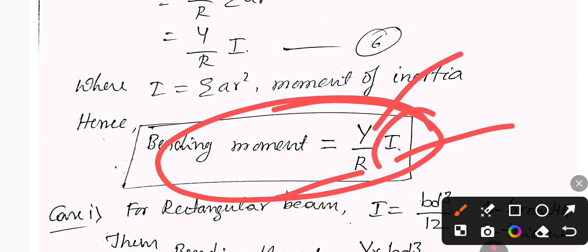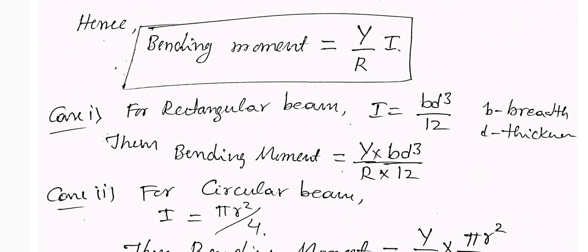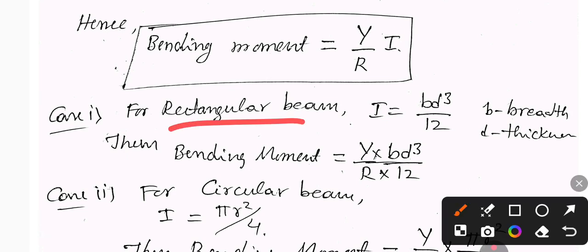The moment of inertia depends upon the shape of the beam we use here. If the shape of the beam is rectangular, then I can be calculated as b d cube by 12.